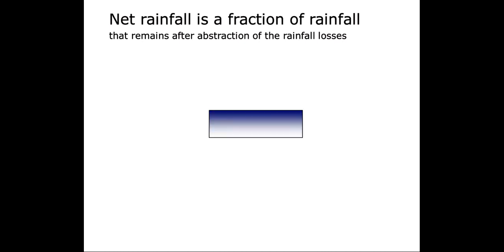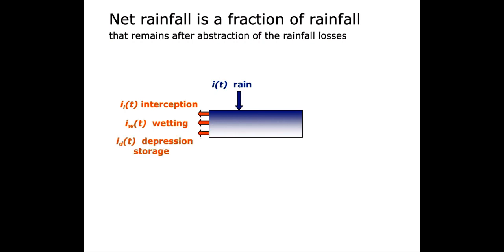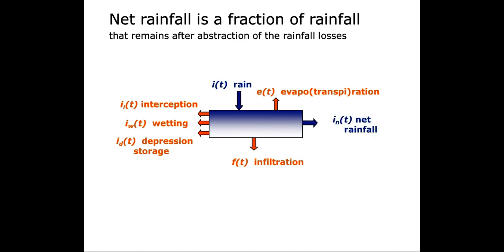If we have a type of reservoir and what comes in is our actual or effective rainfall, we might have losses like interception, wetting, depression storage, evapotranspiration, or infiltration. If we subtract all of these losses from the amount of rain that comes into the reservoir, we get what we call the net rainfall.